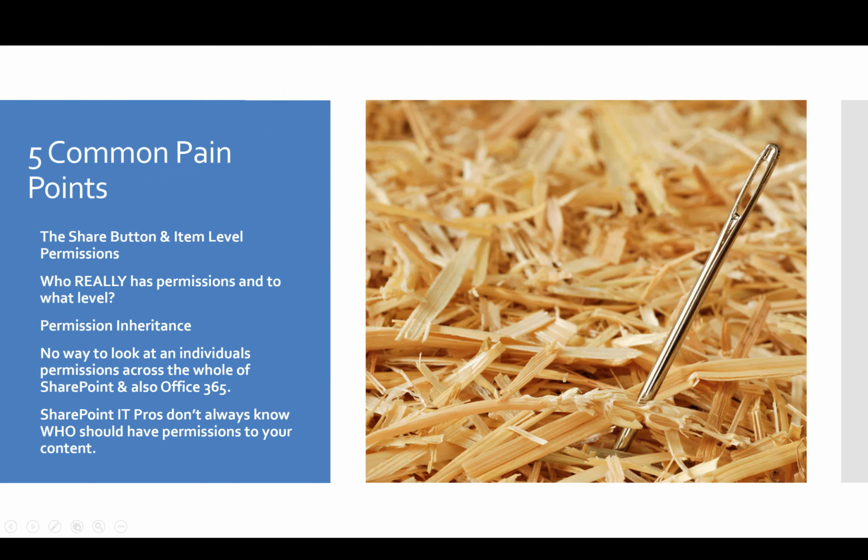We start to get this needle in a haystack issue. What happens if that user leaves the organization or changes roles inside the organization and so on? How do you possibly look at all of the access control lists for every single document and every folder inside your SharePoint environment?